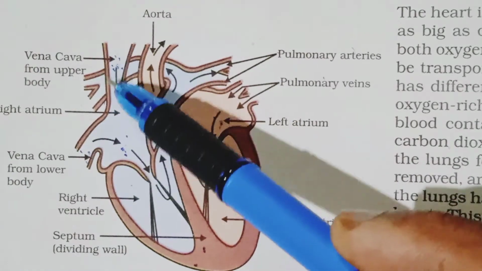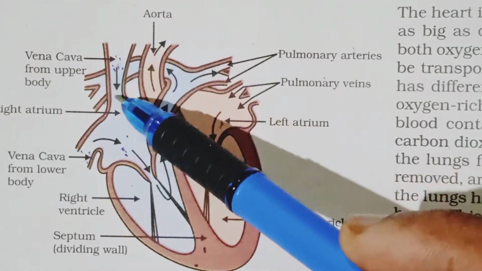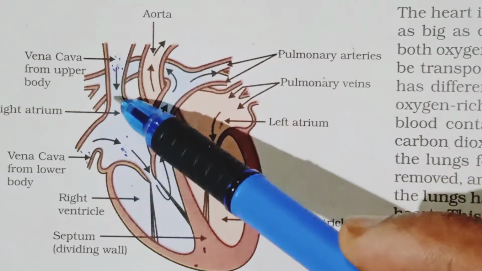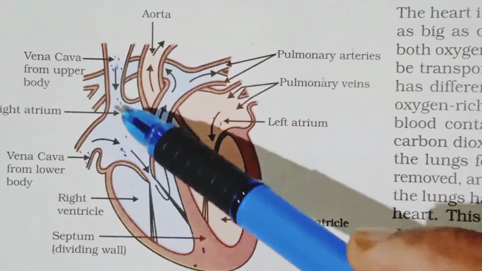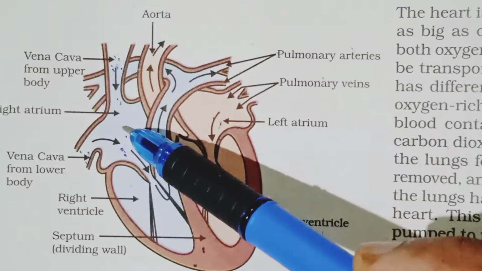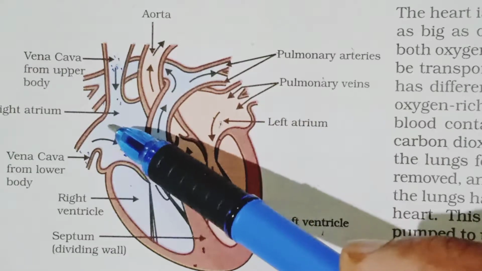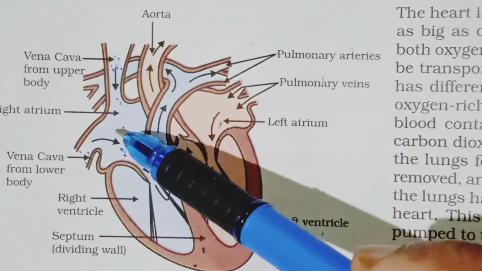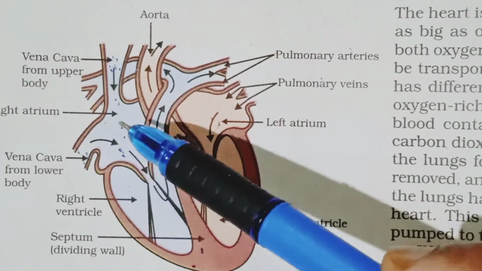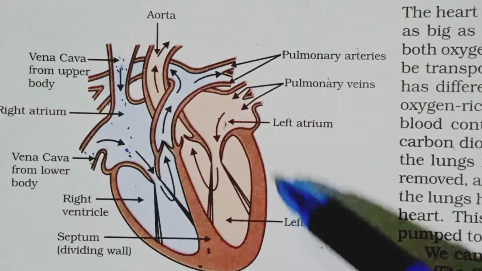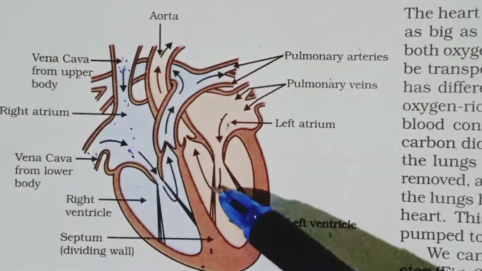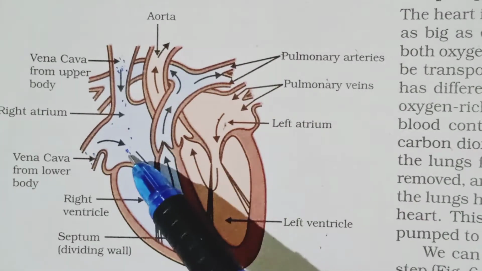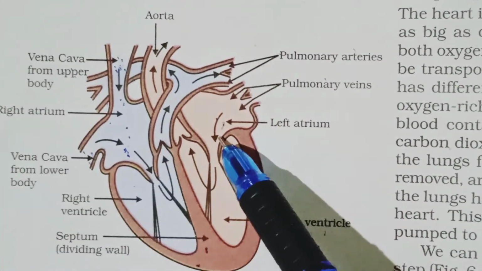So here what happens is, when this deoxygenated blood is carried by the vena cava, it is brought into the right atrium. The other name of atrium is auricle, or the right auricle. And when you're drawing the structure of the heart, this will be your right side and this will be your left side.